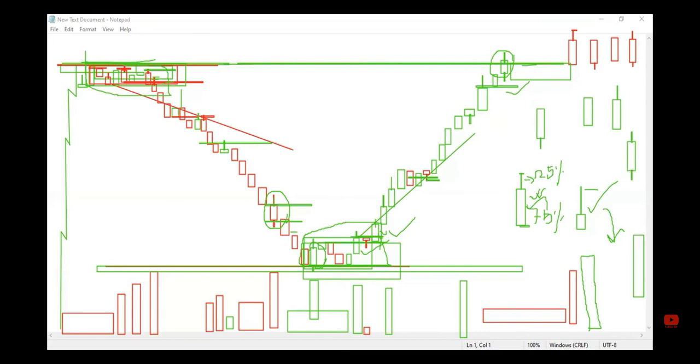Volume must be higher than the volume of all previous candles. This is the volume condition. And the candle can be this one, this one, this one, and sometimes this one also. The same shape applies for a bearish candle.